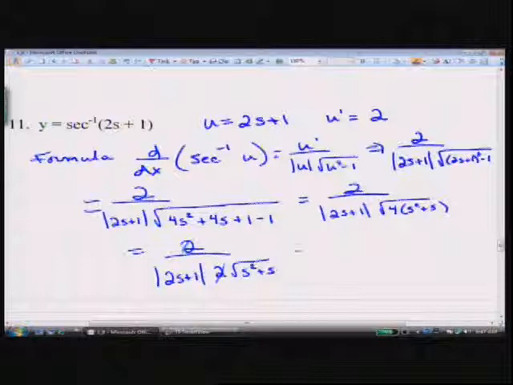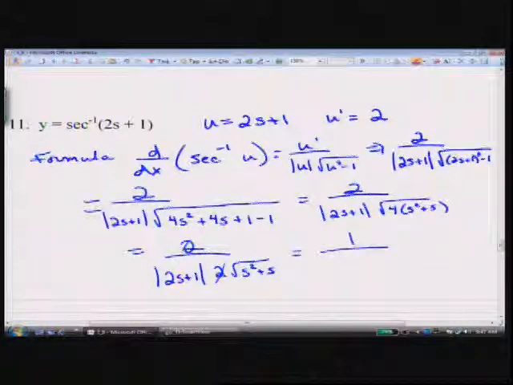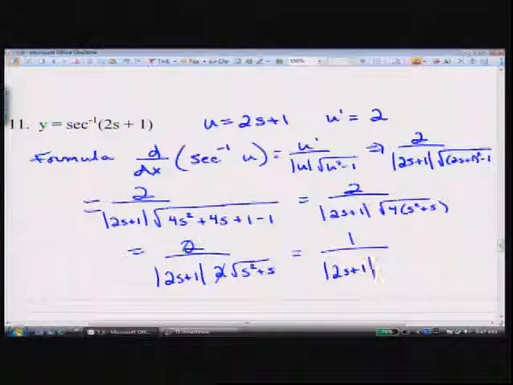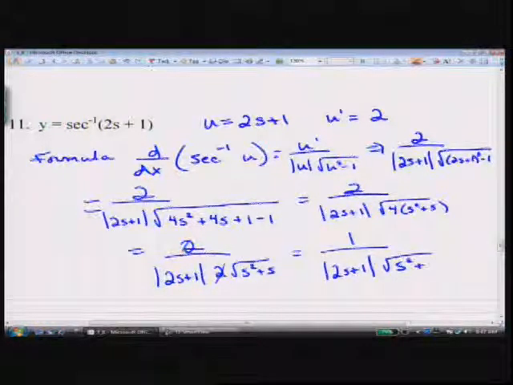And your 2's cancel, and you get 1 over the absolute value of 2s plus 1 times the square root of s squared plus s. Done? Yes.